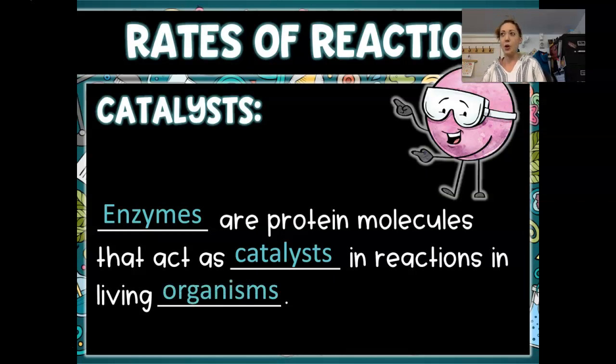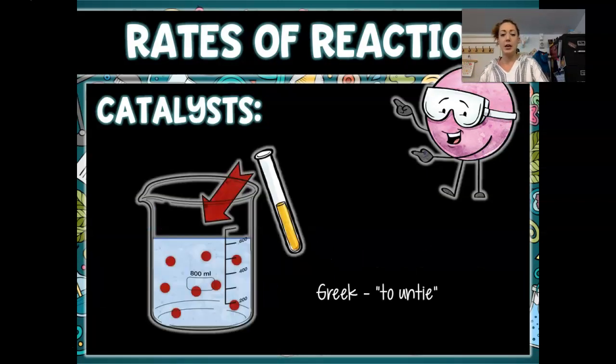When you think about the word catalyst, it comes from the Greek meaning to untie. And so we saw this: when you add a catalyst, it's going to speed up your odds of things happening with the yeast and the sugar and the balloon.